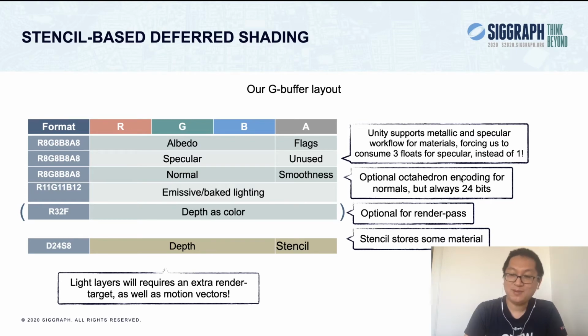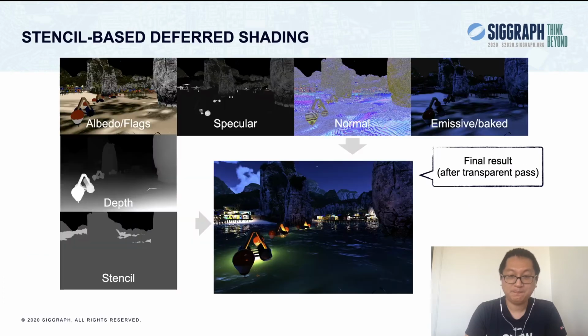If you disable that, you have faster shading, but you can also have banding artifacts with the normals. And in the future, we probably will need more render targets to support light layers, shadow mask, and motion vectors. So those 4 are likely to become 5 or 6.